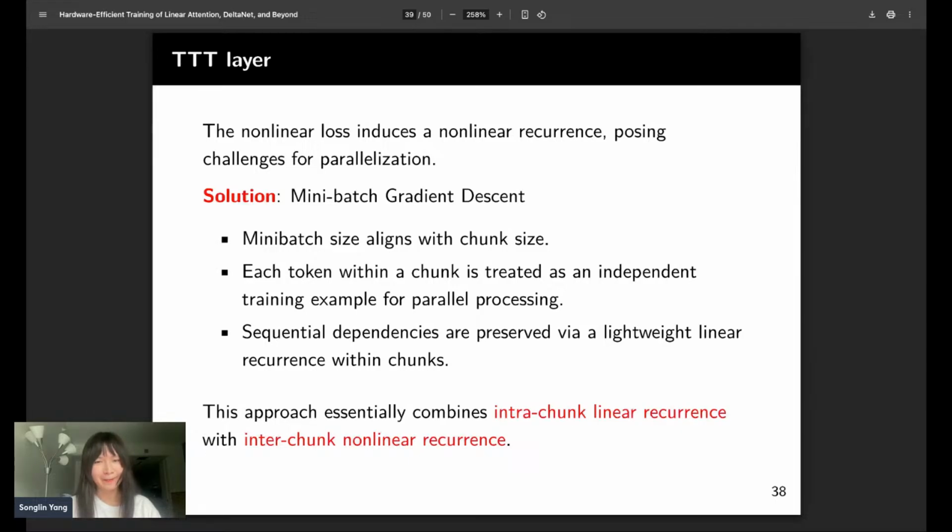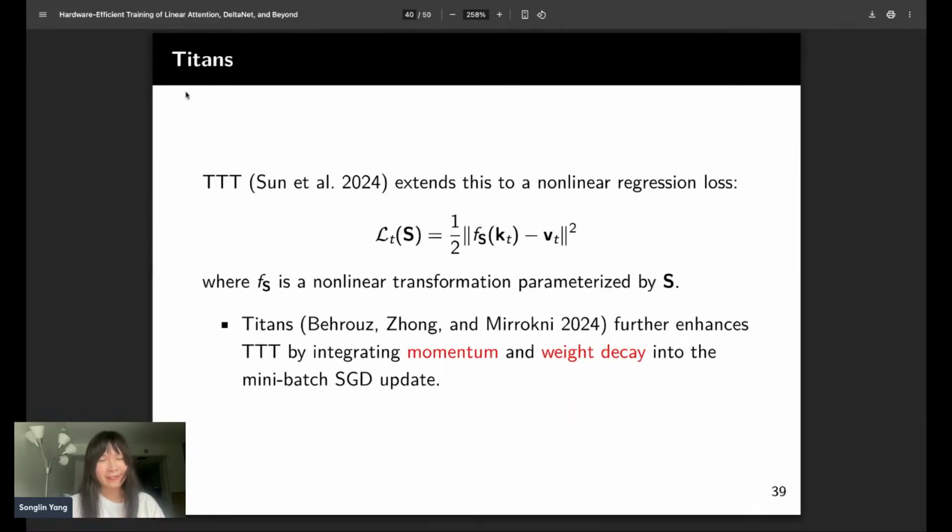It is a bit complicated. And this framework has been extended to a lot of follow-up work, like Titans. They use the same objective function, and they use the same parameterization of this f_W. The only difference of Titans is that they improve the optimization technique of this gradient descent process.